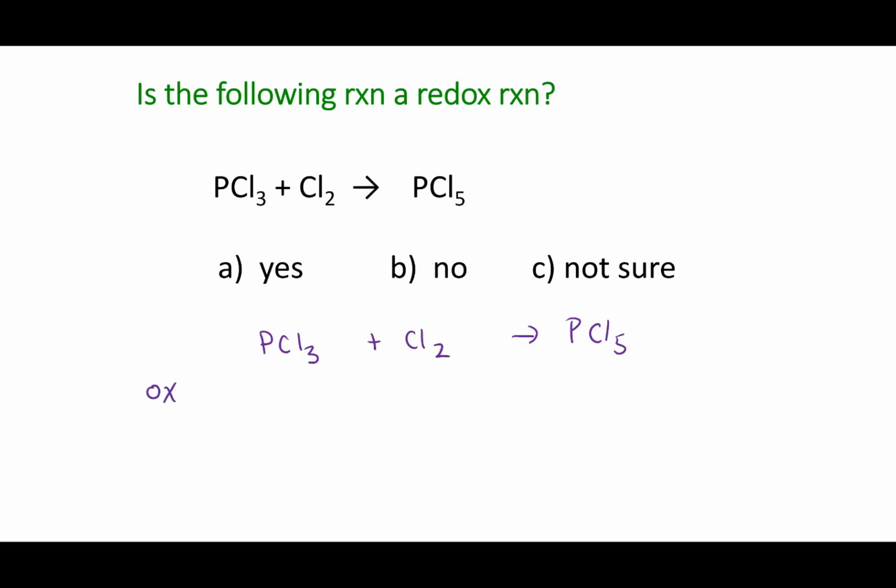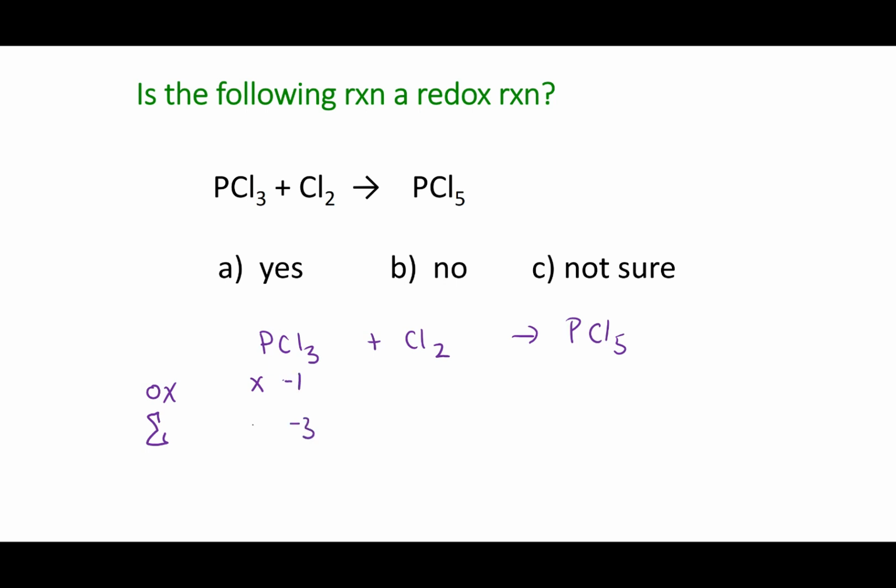Okay, so let's do our 2-row analysis. We have our oxidation state and summing up just to keep my books in order. So phosphorus does not have a rule associated with it. Chlorine is a halogen. It is not being forced to anything weird, so it is going to be -1.